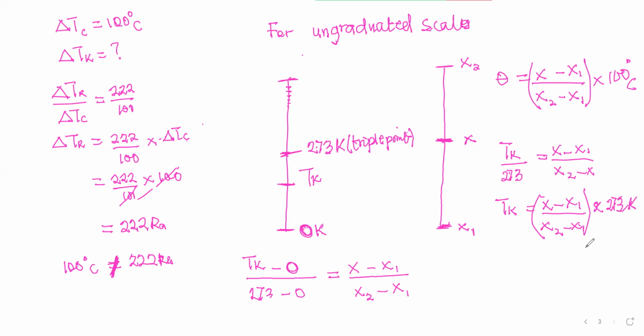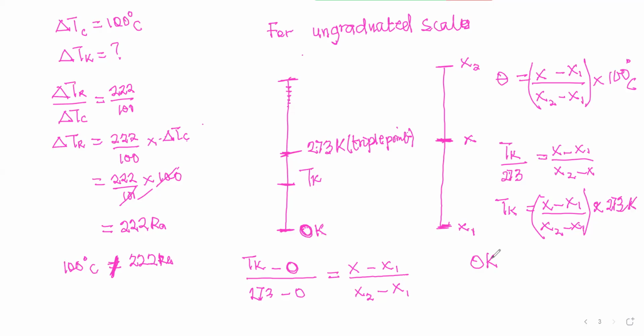Sometimes too, because at 0 K, this is the point where objects have zero kinetic energy. There wouldn't be any thermometric property at 0 K, meaning at 0 K, substances have zero kinetic energy. Because there is no energy, there wouldn't be change in the length of the mercury, volume, pressure, and so on.